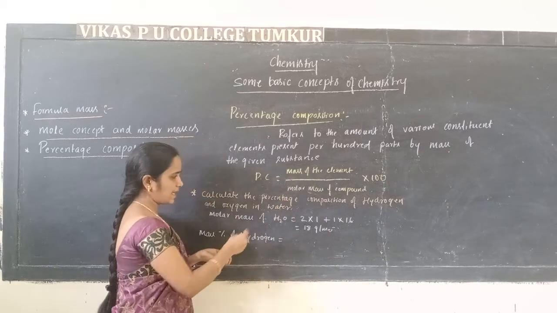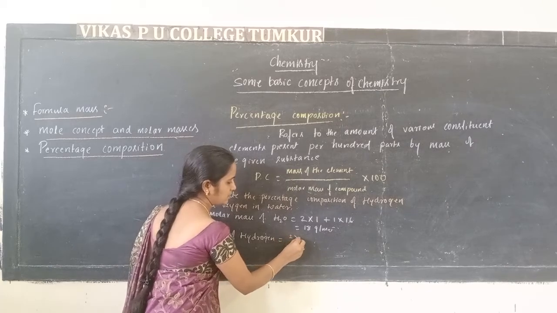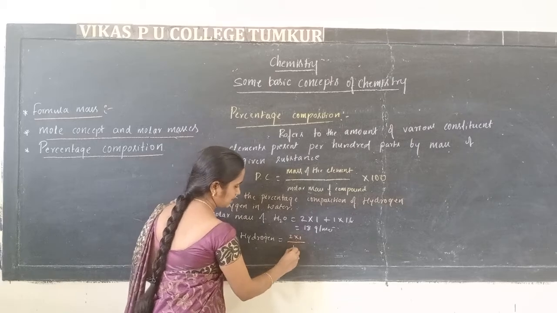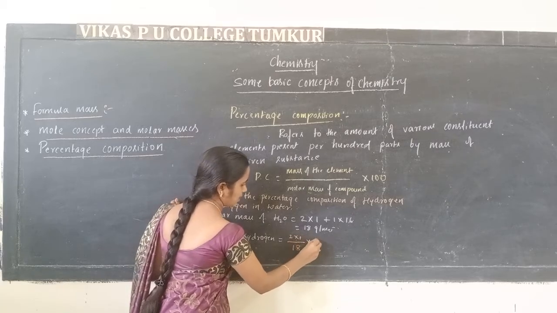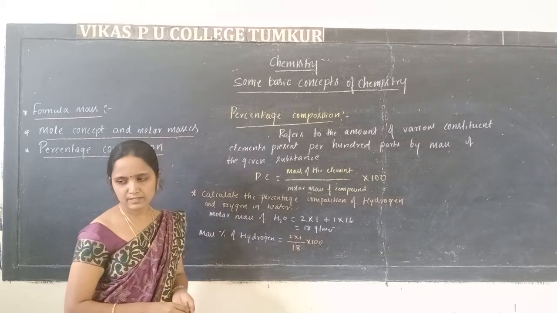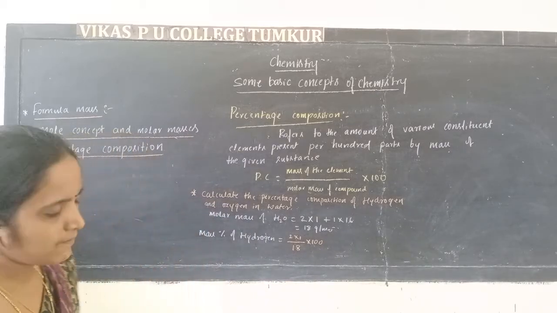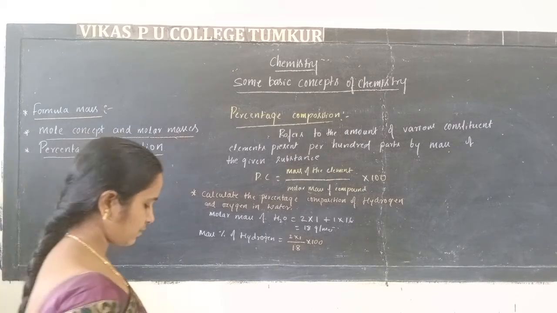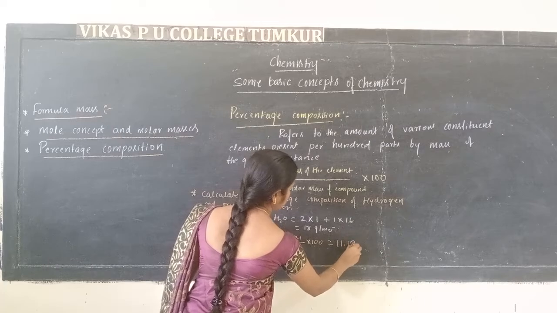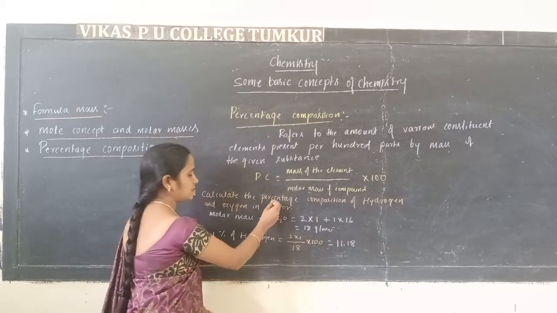How many hydrogen atoms are there? 2 hydrogen atoms are there. So 2 into 1 divided by 18, into 100. On calculating this, we get 11.18. This is the percentage composition of hydrogen in water.